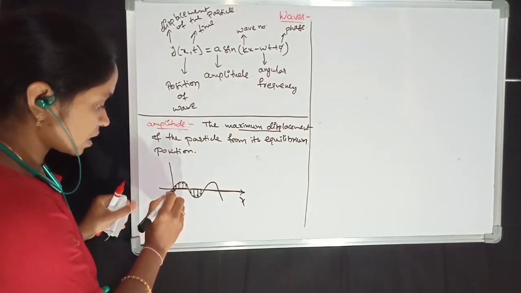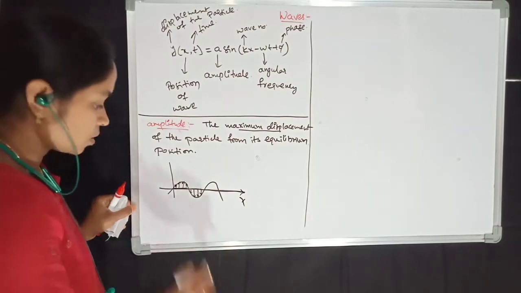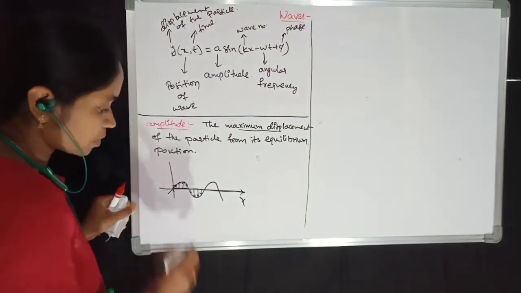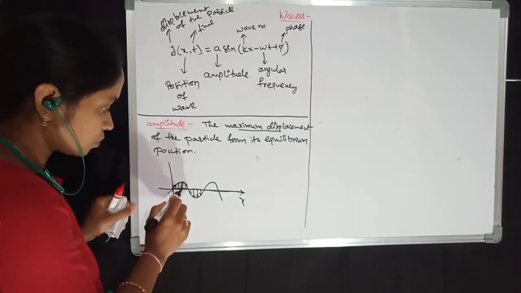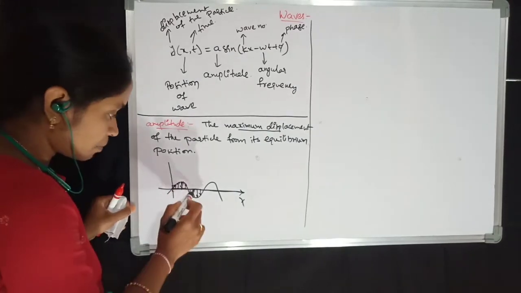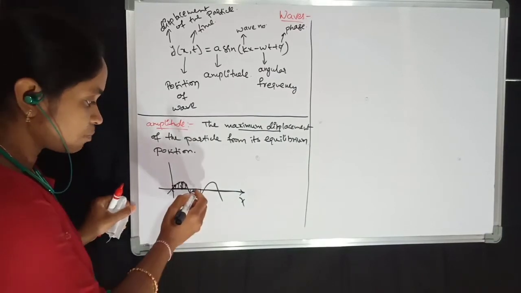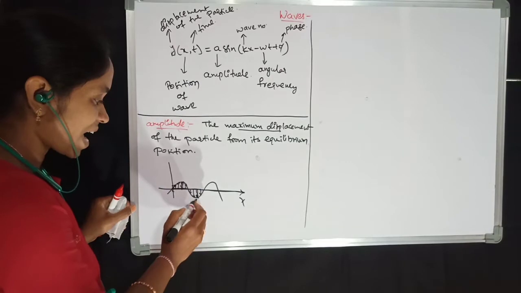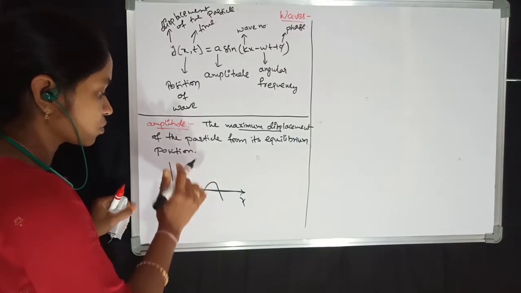This particle is displaced to this distance, and the particle here is displaced through this distance. This displacement is known as amplitude.